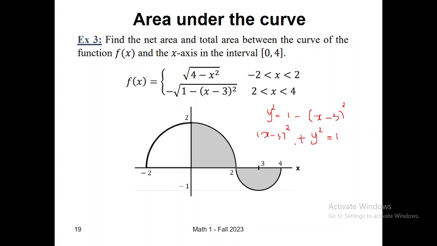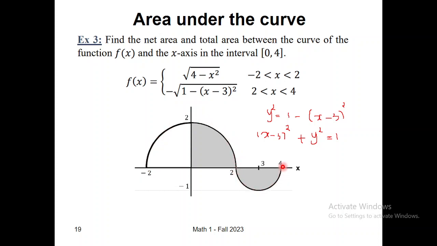So it represents a circle shifted at 3 and 0 with radius 1. This is the center, 3 and 0, radius equal 1. Because you are taking the negative square root, it is the lower part of the circle. It is a lower semicircle. So this function defined on these parts represents the graph of this semicircle and the graph of this semicircle.